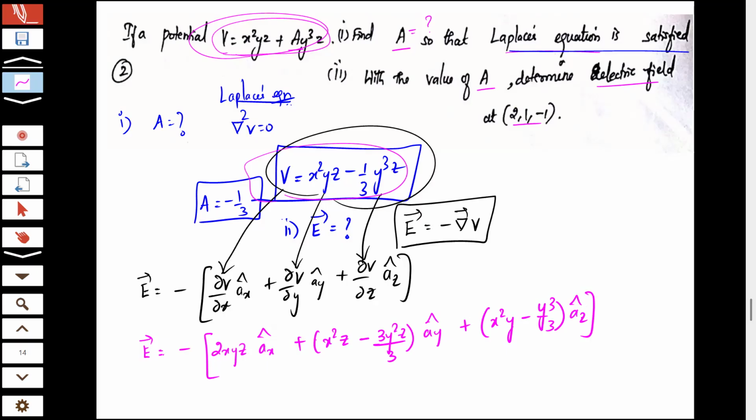We should substitute the values of x, y, z at the corresponding point. So the point P with the coordinates 2, 1, minus 1, whereby x should be substituted as 2, y should be substituted as 1, and z should be substituted as minus 1 to get the E vector for this. You can substitute and get the expression.